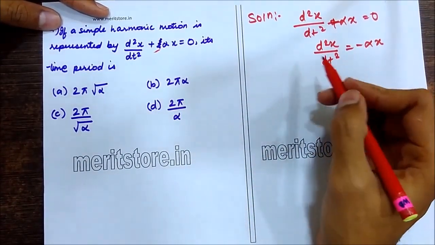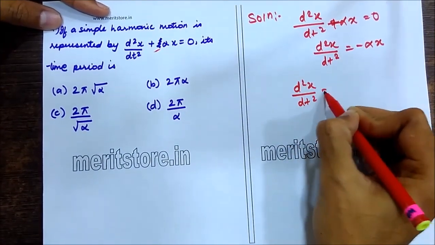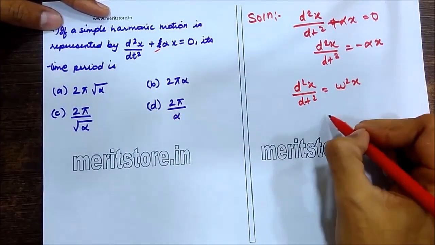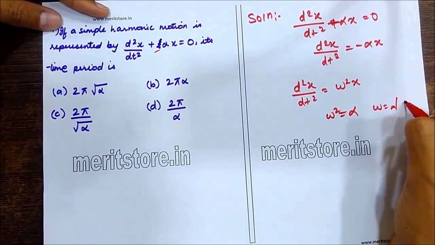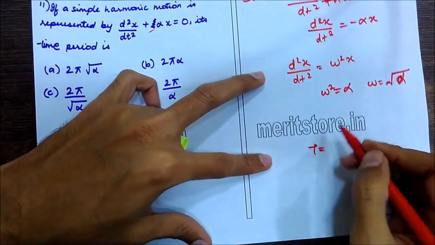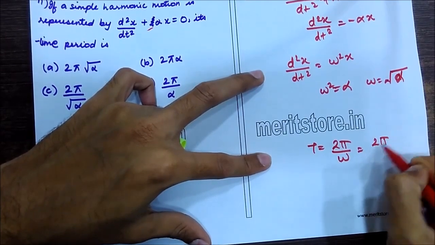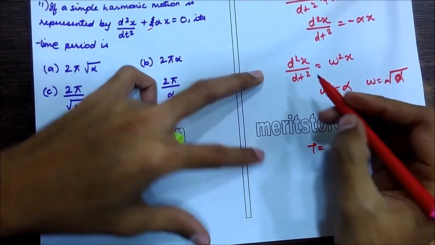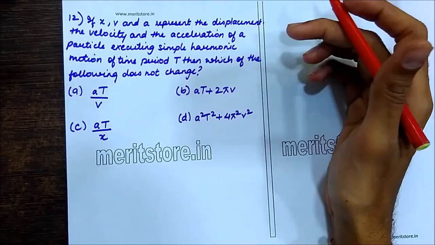We can compare it with the equation of SHM, d square x by dt square equals minus omega square x, where we get omega square equals alpha, so omega equals under root of alpha. Then we have the equation for time period T, which equals 2 pi upon omega. So we have 2 pi upon under root alpha. So the time period is given by 2 pi under root alpha.